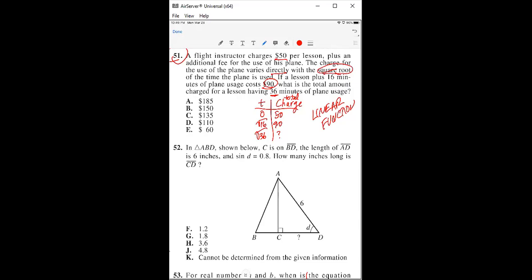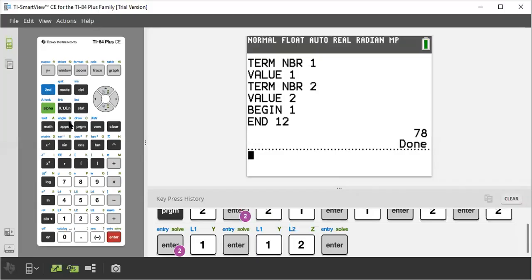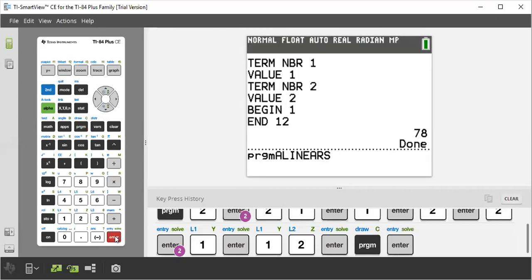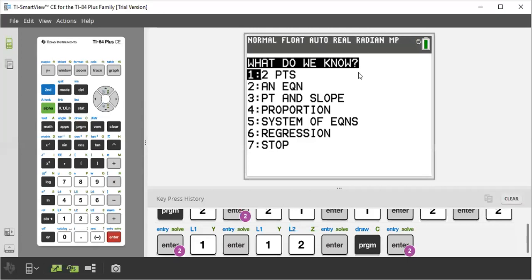So now here's what I'm going to do. I am going to go back to my calculator and share that. I'm going to go to program and choose option 1 because this is going to be a linear function. What did they give us? They actually gave us 2 points.